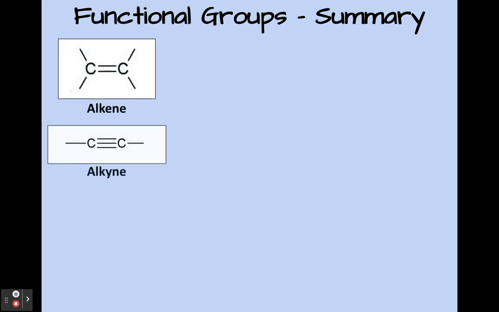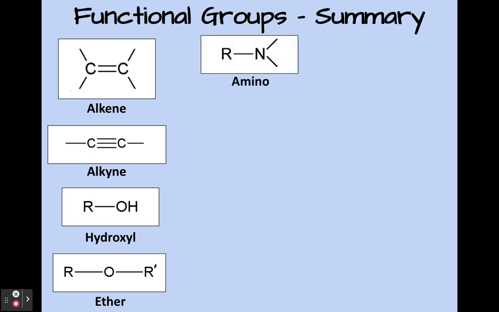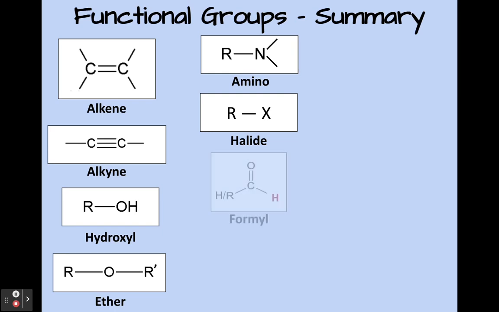Okay, so let's just quickly run through all the functional groups that we've talked about. So we mentioned the alkenes and the alkynes, which you've seen before. Then the hydroxyl group, and its presence indicates that you have an alcohol molecule. Ether, which is found in the ether group of molecules. Amino group, found in the amines. Halide, so a halogen, so these are in the haloalkanes.